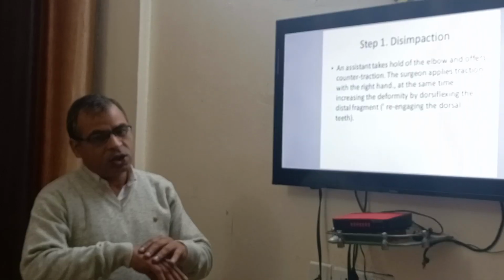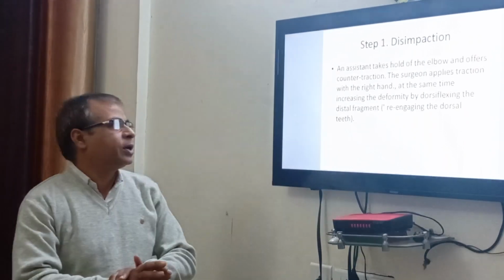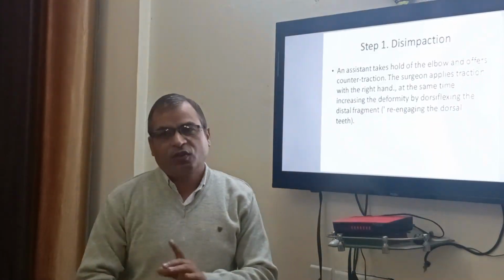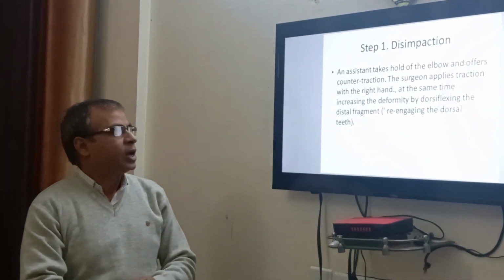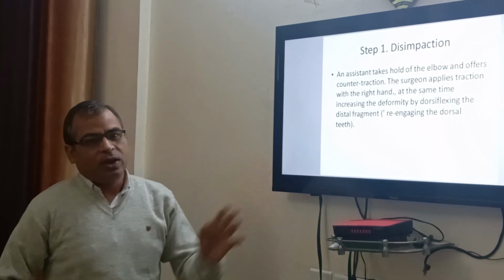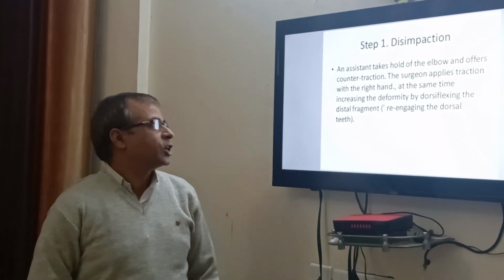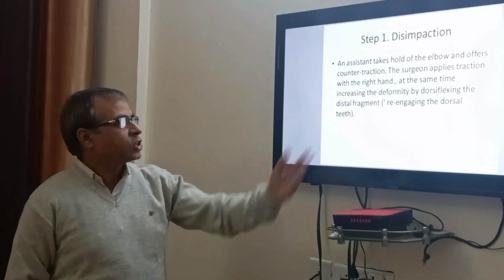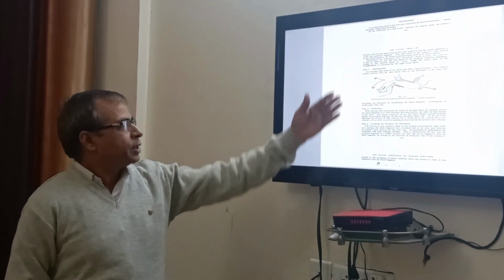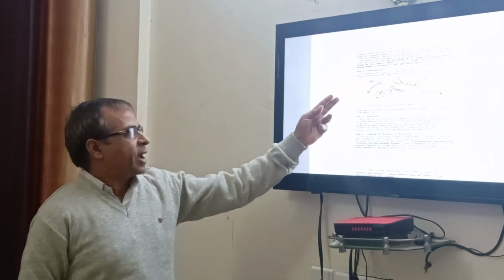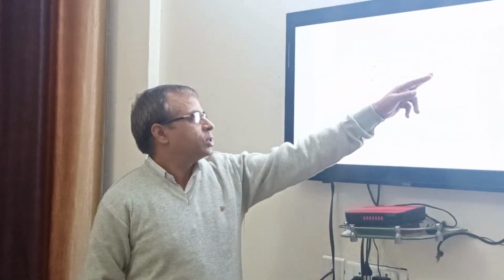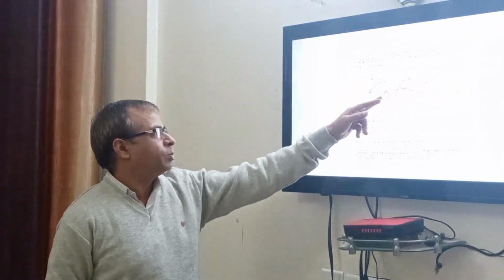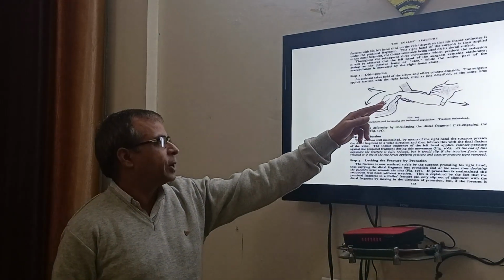So initially we increase the deformity to disengage the proximal and distal fragments, and then we go for reduction and then locking of the reduction. So the first step is the disimpaction, and this is the technique of disimpaction, in which this is the assistant's hand and there is the chief who reduces the fracture.